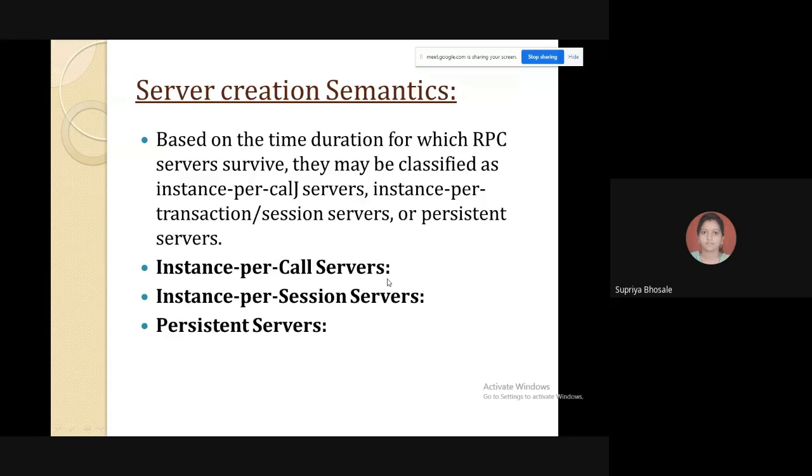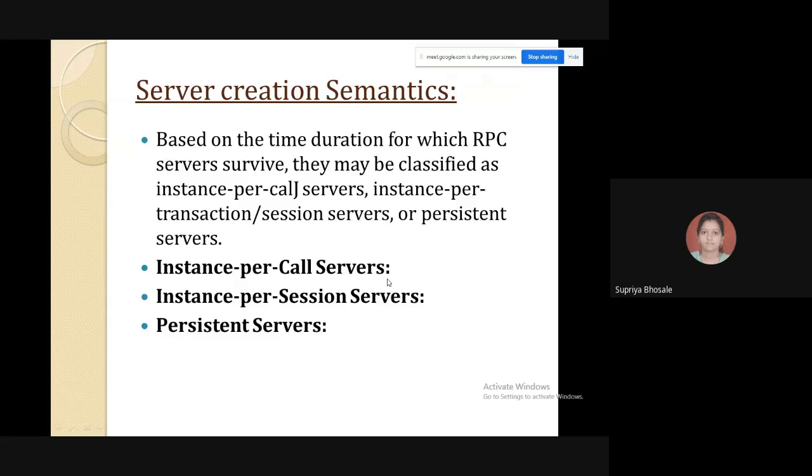And the third category is persistent server. So what does it mean? A persistent server generally remains in existence indefinitely. Moreover, we saw that the servers of the previous two types cannot be shared by two or more clients because they are exclusively created for a particular client on demand.